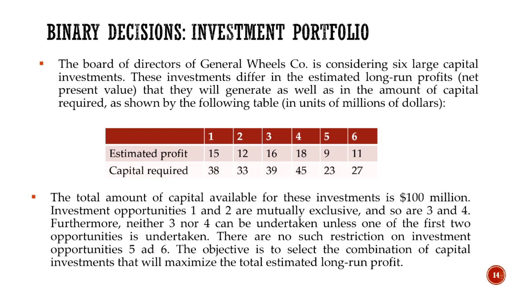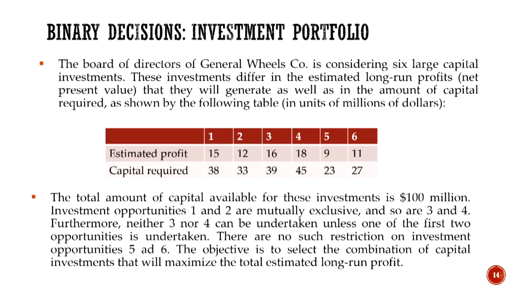The other application for binary decisions is investment portfolio, and here you can see the problem statement. The board of directors of General Wheels Company is considering 6 large capital investments.